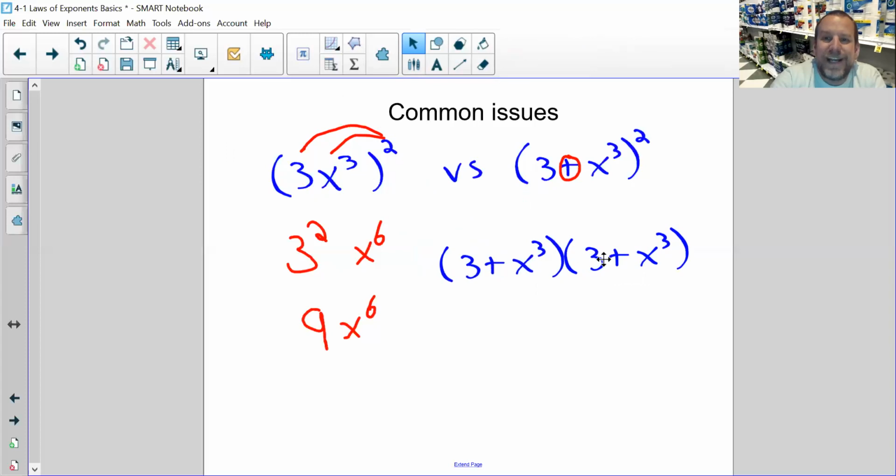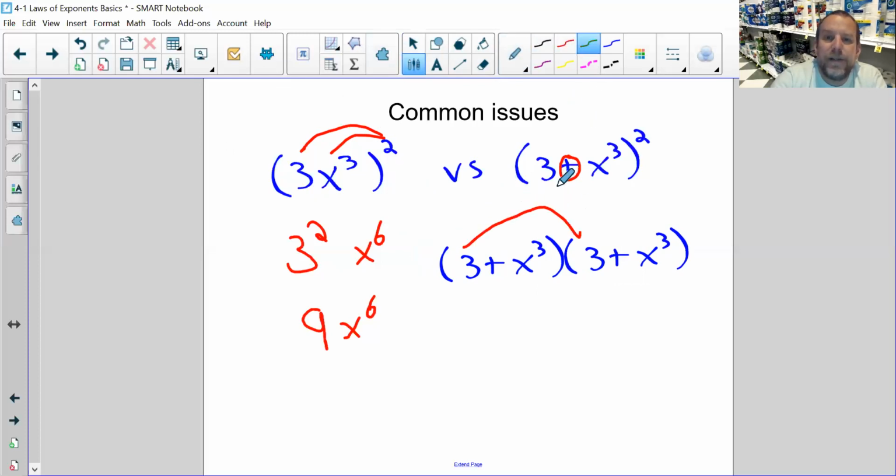You have to take this entire thing and multiply it out and then go, let's multiply the 3 times the 3. Let's multiply the 3 times the x to the 3rd. Let's multiply the x to the 3rd times the 3. And let's multiply the x to the third times the x to the third.